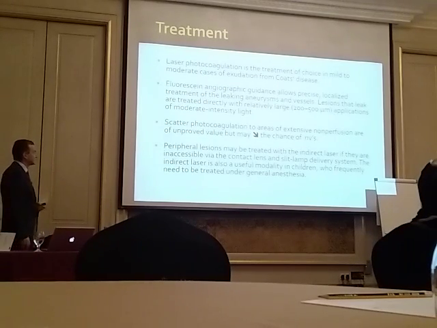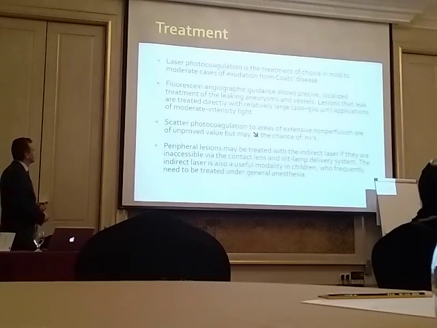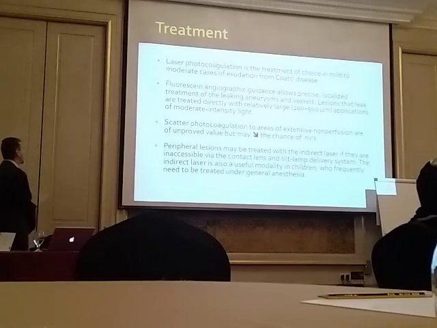So laser is one of the treatments of choice in exudation, and it's like a grid pattern laser. Fluorescein angiography would allow precise localized treatment of leaking aneurysms and vessels. Lesions that leak are actively treated directly with a large spot, usually because of the heavy exudation, and moderate intensity power.